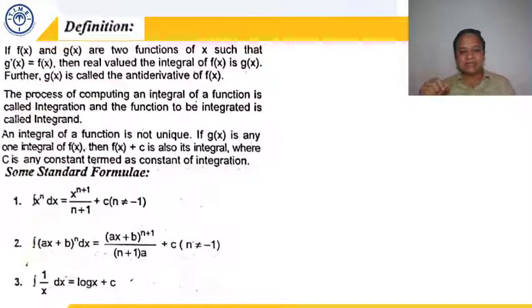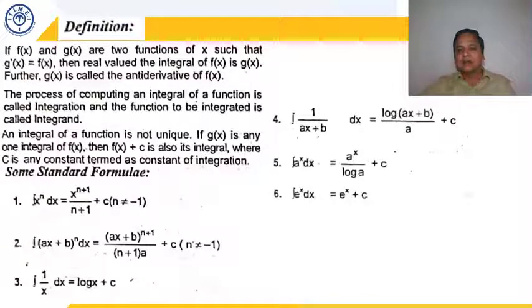Integral of 1 upon x dx is equal to log x plus c. Integral of 1 upon (ax plus b) is similar: it is log(ax plus b) divided by a, because we take ax plus b as x and then use the formula 1 by x dx as log x and then divide by the differentiation of the term which we assume as x.